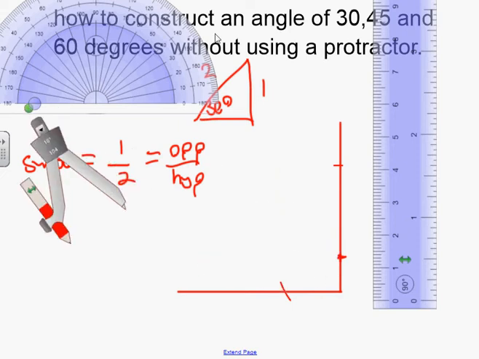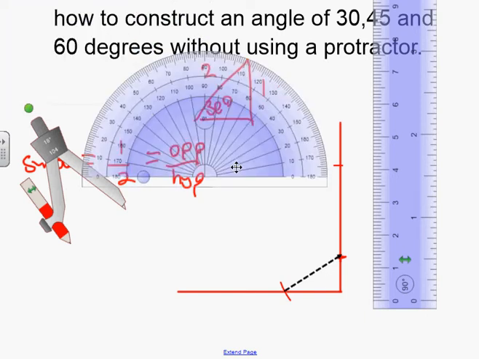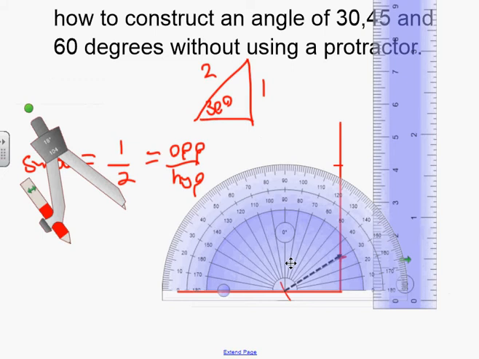So therefore, when you link them together, what should happen is you've just drawn a 30 degree angle. Let's see if that's the case. Everybody see it's on the 30 mark? So you just drew a 30 degree angle without any assistance from your protractor.